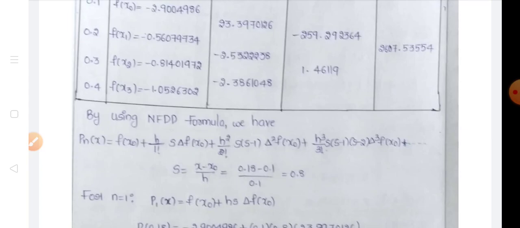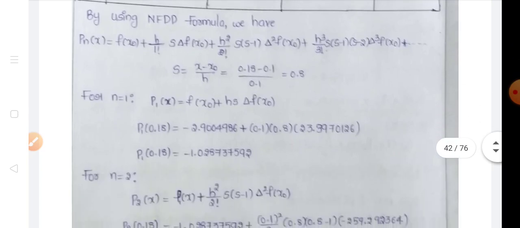Here s equals (x minus x naught) by h equals (0.18 minus 0.1) by 0.1 is equal to 0.8 for n is equal to 1.